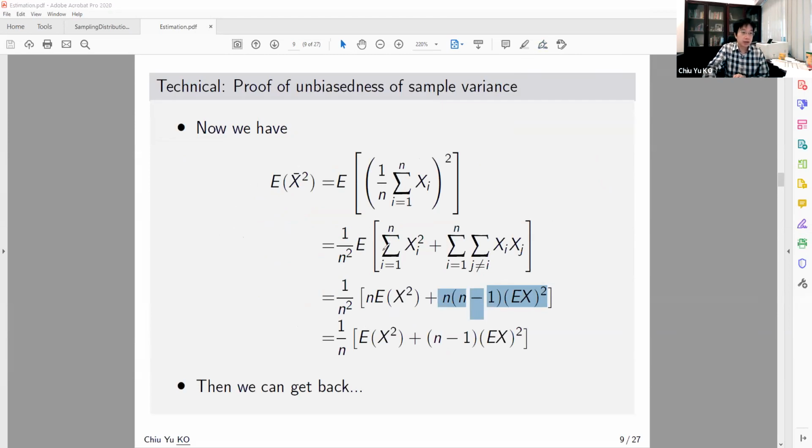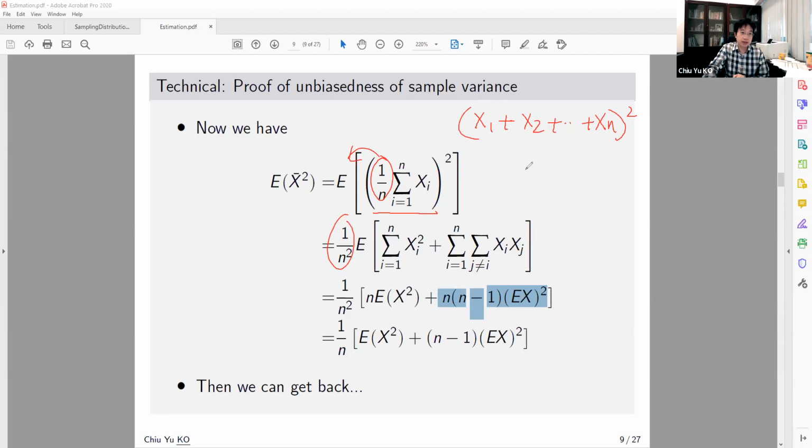Because, look at this again. Is it okay that 1 over n becomes n squared? Because it is a square, and this is (x1 + x2 + ... + xn) squared.